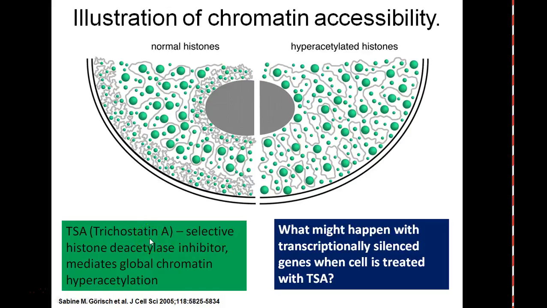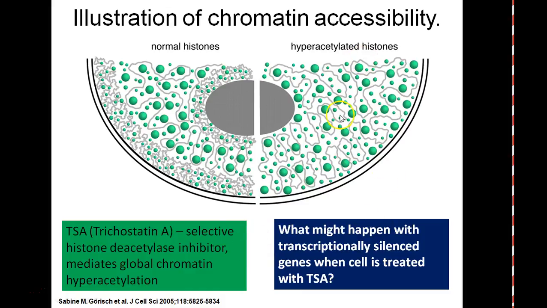And when we treat cells with this inhibitor, it's going to permanently deactivate histone deacetylases. So we're going to end up with hyperacetylated chromatin, and hyperacetylated chromatin is going to be more open, more accessible.